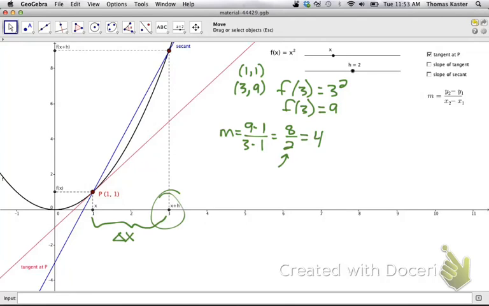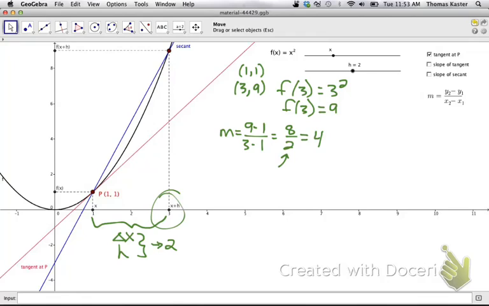Now, we might use the term change in x with delta x. I'm going to use h. This is another method that you can do, either one of these two things, but they both are saying that our change is 2. So our change from the x value of our first point to the x value of our second point is 2.